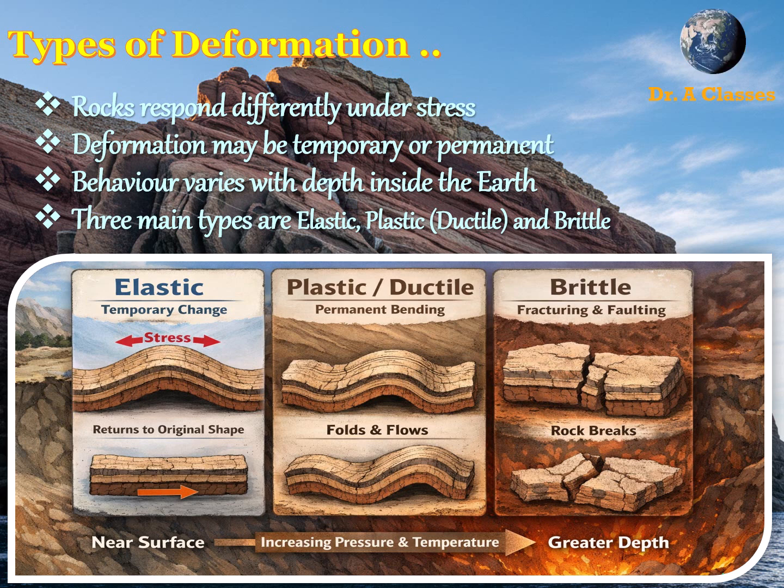As rocks move towards greater depth, increasing heat and pressure make them softer and more pliable, allowing them to fold and flow into permanent waves without snapping. Brittle deformation or fracturing. When stress is applied too quickly or the rock is cold and rigid, typically near the surface, it reaches a yield point where it can no longer deform elastically or plastically, resulting in rock breaks, which is known as faults.